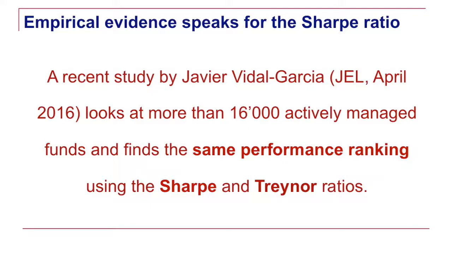He looked at a sample of more than 16,000 actively managed funds worldwide. And the conclusion is that the Sharpe ratio provides a very good measure for ranking the best funds in terms of risk-adjusted returns.